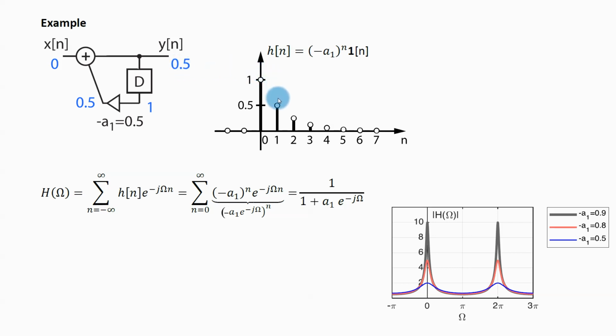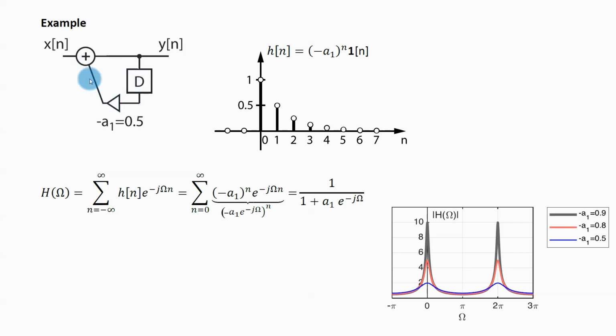Now on the next clock cycle, this 0.5 shifts here. It gets multiplied by 0.5, which gives me 0.25. To this I will add 0, and at the output I will get 0.25. And this process repeats itself indefinitely.